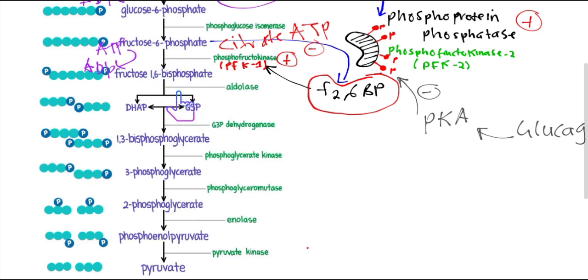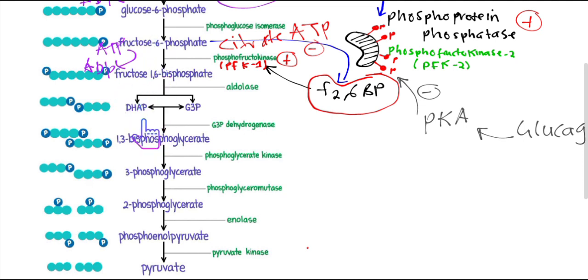Now, the enzyme that is here is called aldolase. You should know that in glycolysis, we don't have enzymes that can break down dihydroxyacetone, but we do have enzymes that can break down glyceraldehyde 3-phosphate. So what will happen?